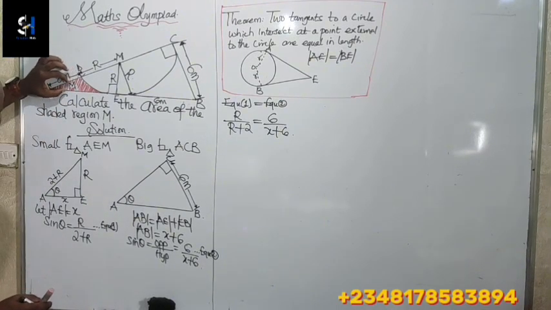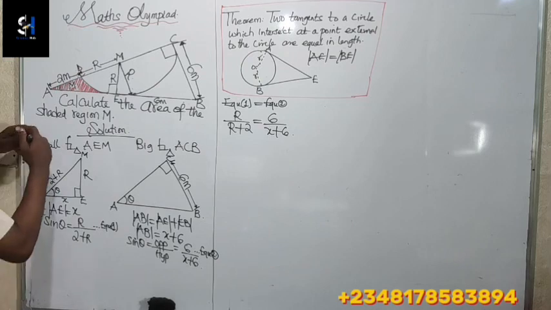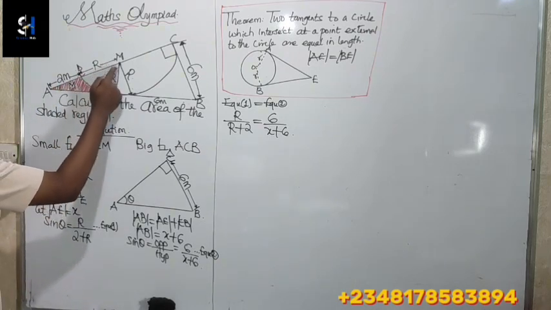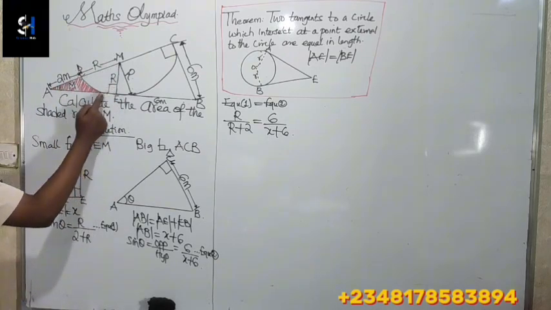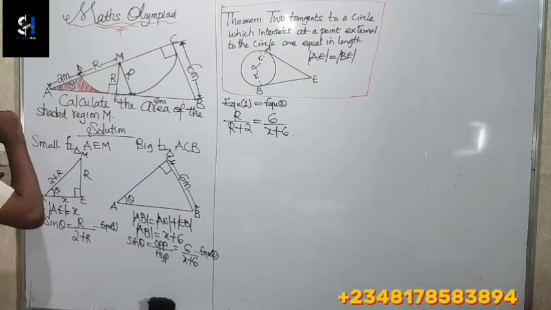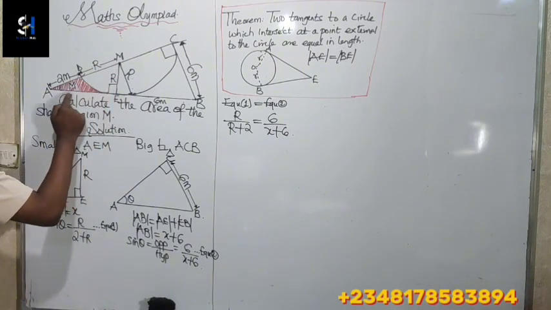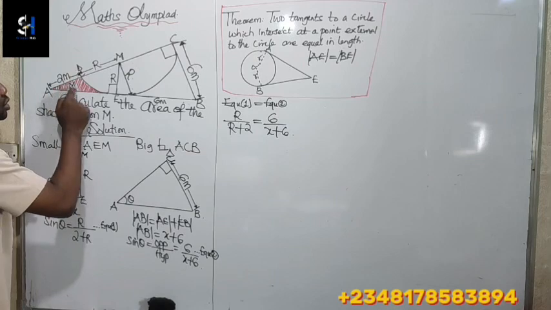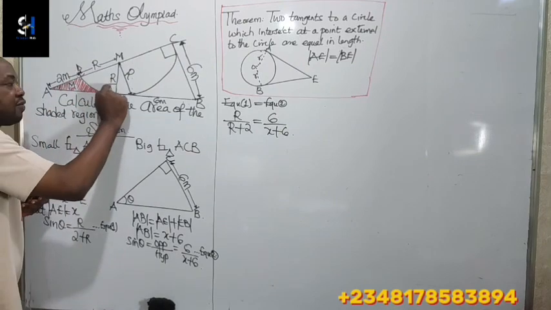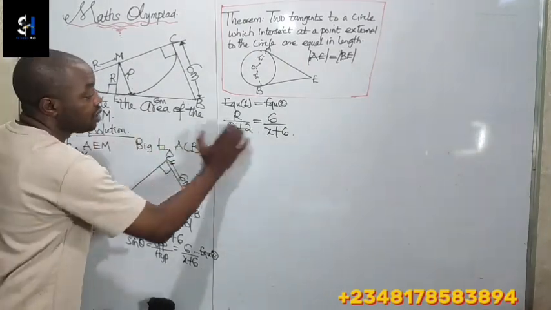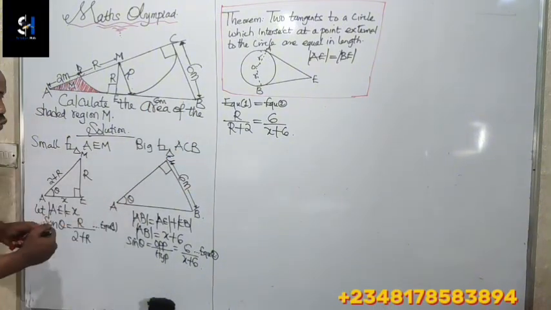To calculate the area of this region, what we can see here is a sector and a right triangle. So to calculate the area of the shaded region, we need the value of r.